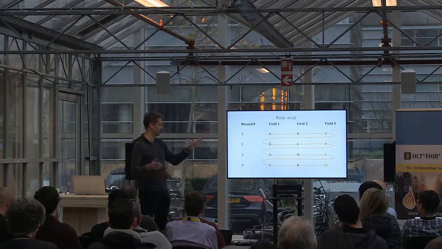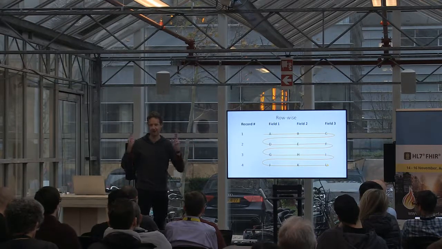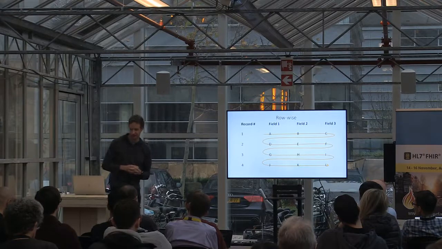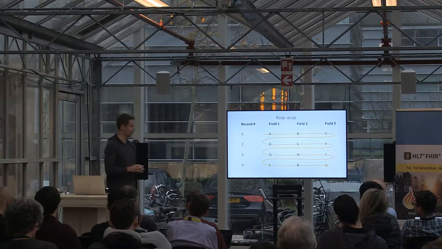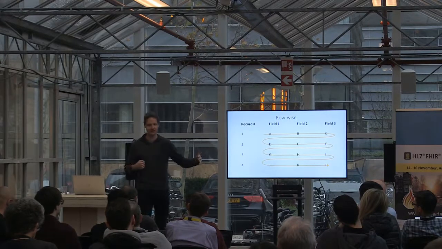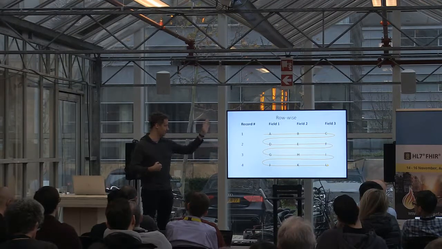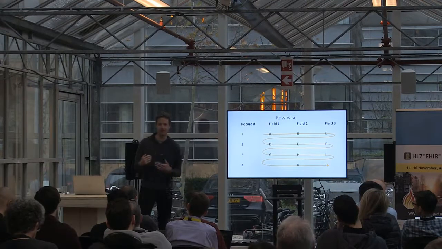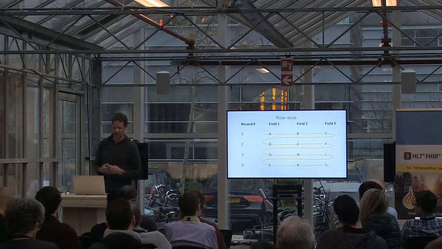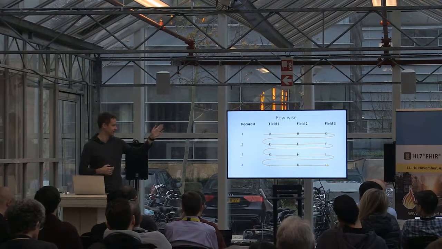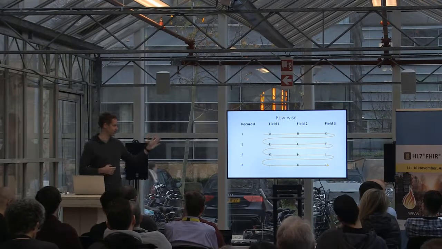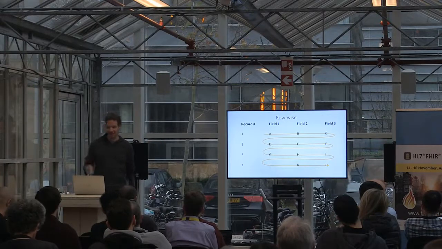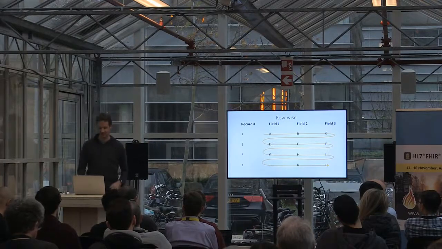If I want to get A, B, and C, they're physically stored next to each other, so I can grab that off disk really efficiently. But it doesn't work so well if I have a billion rows and I want to scan field 1 for some subset of them that meets criteria. Basically, I'll hit A, then my disks will skip up to D and then skip to G. And so there's a lot of inefficiency in simply skipping all these things I'm not interested in.